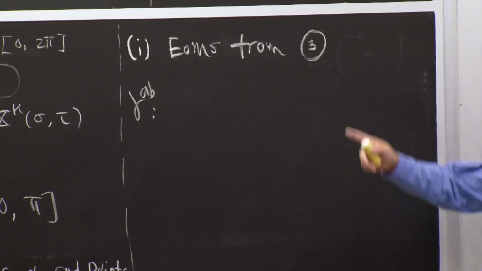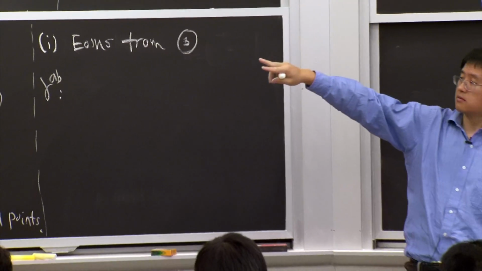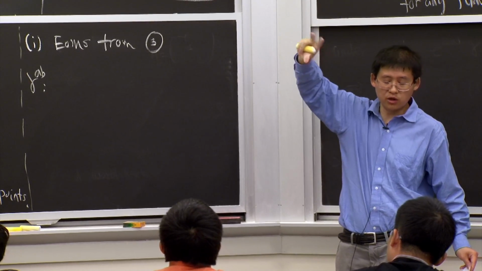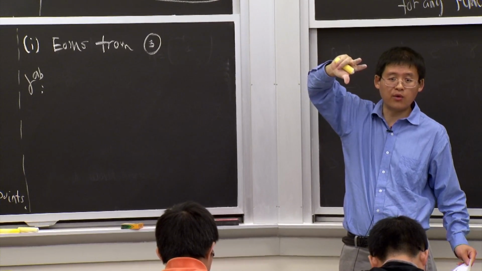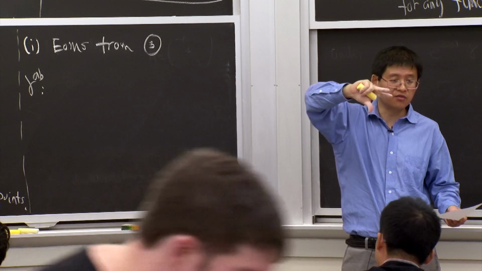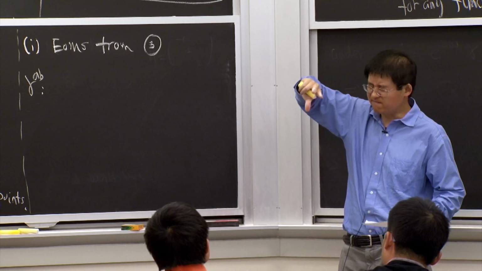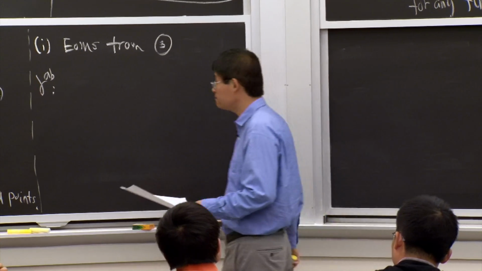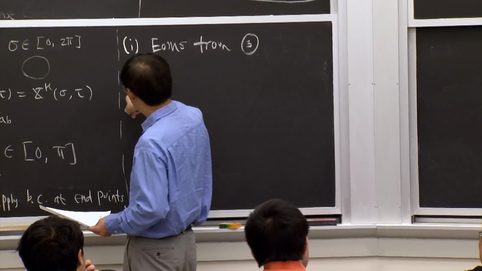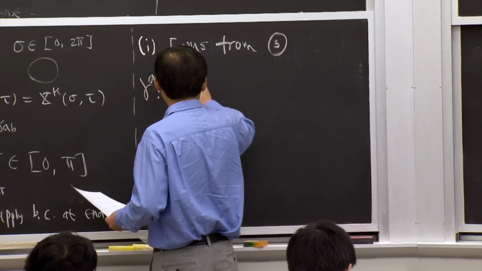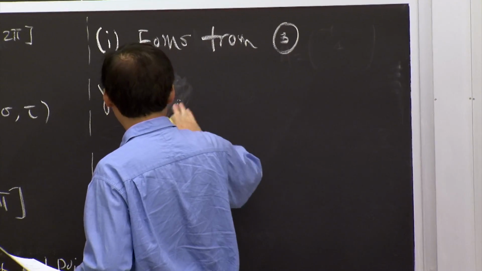Gamma is the worldsheet metric from the point of view of the two-dimensional field theory. When you do the variation over gamma, essentially what you get is the stress tensor for this worldsheet theory. It's just the statement that the stress tensor has to be 0.